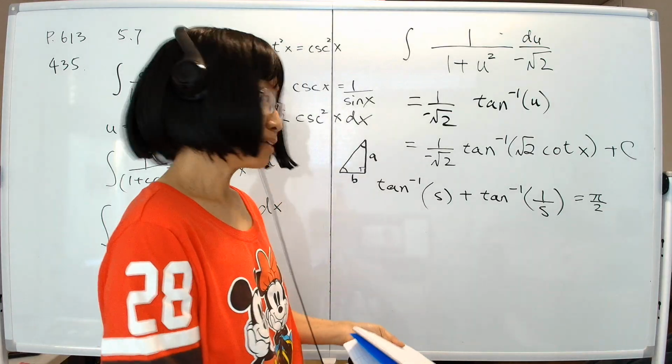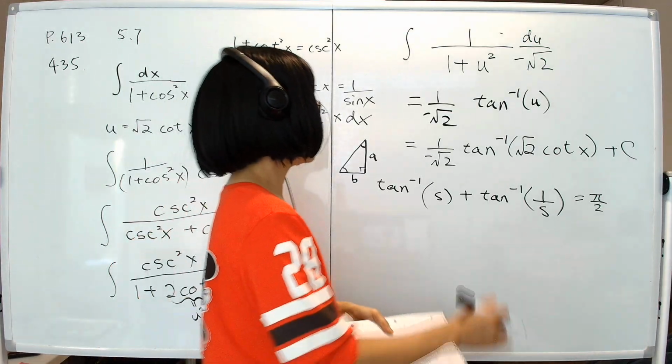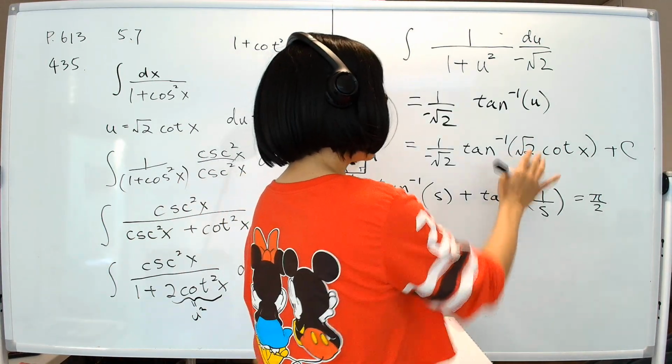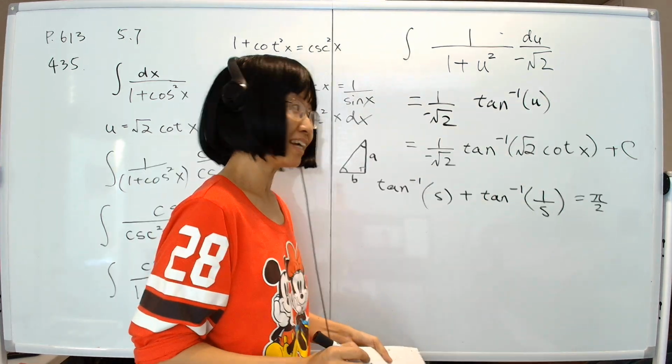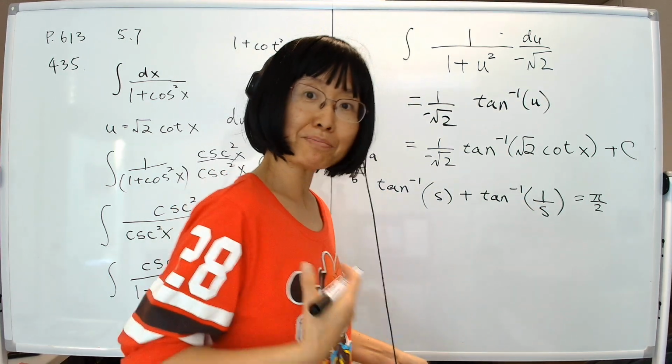In an attempt to look more elegant, we're going to apply this formula to make the cotangent go away. We don't need to, but we're elegant people, okay?